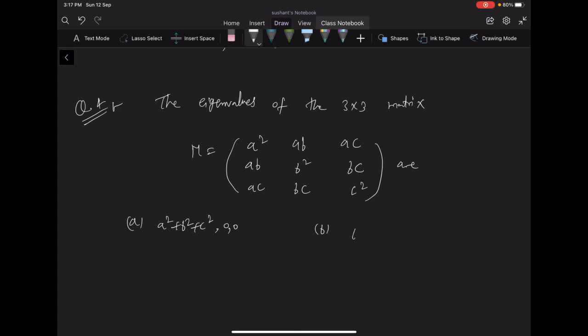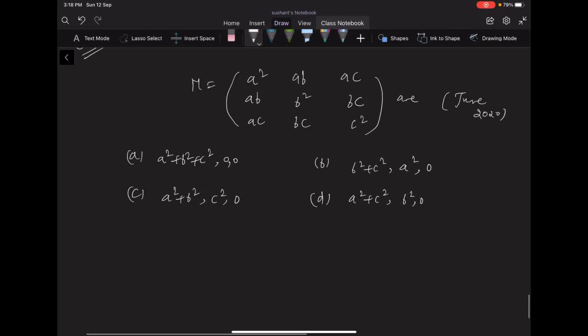Option B is B square plus C square, comma A square, comma 0. Option C is A square plus B square, comma C square, comma 0. And option D is A square plus C square, comma B square, comma 0. So this is from June 2020.